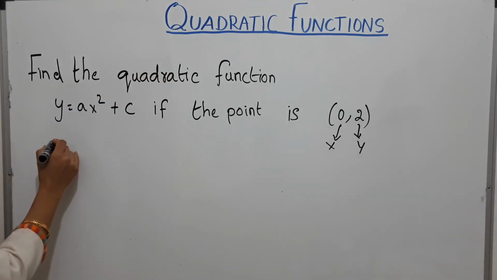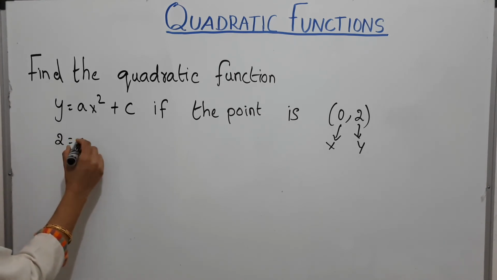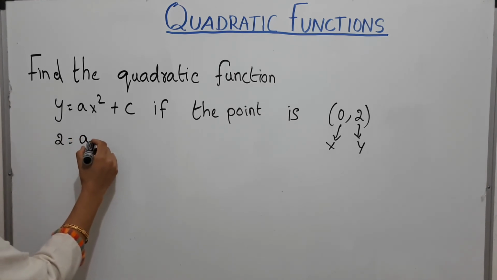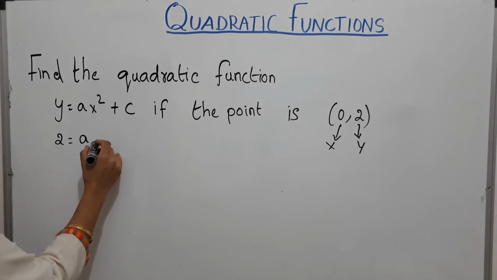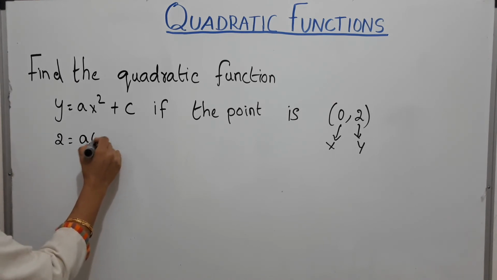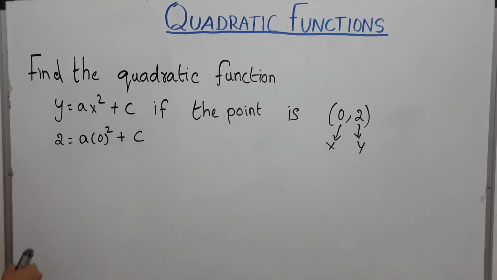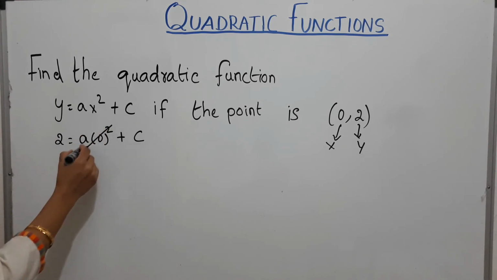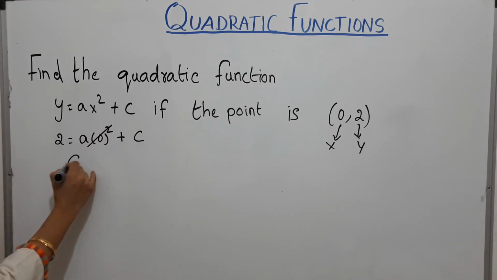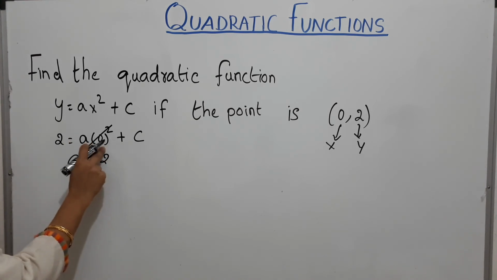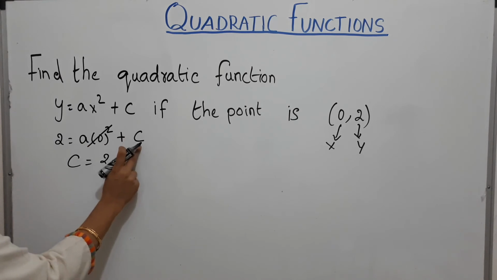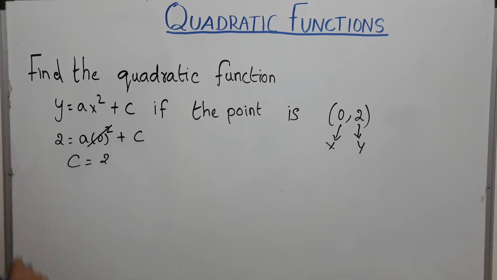So y is 2, that is equal to a times x, which is actually 0, plus c. Okay, so in this case this term will be gone. So a times 0 is actually 0, so this will be gone and only c will be left. So the c value is equal to 2.